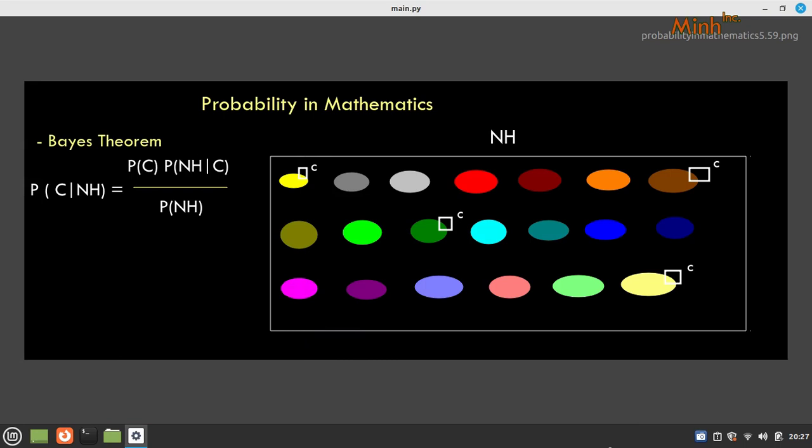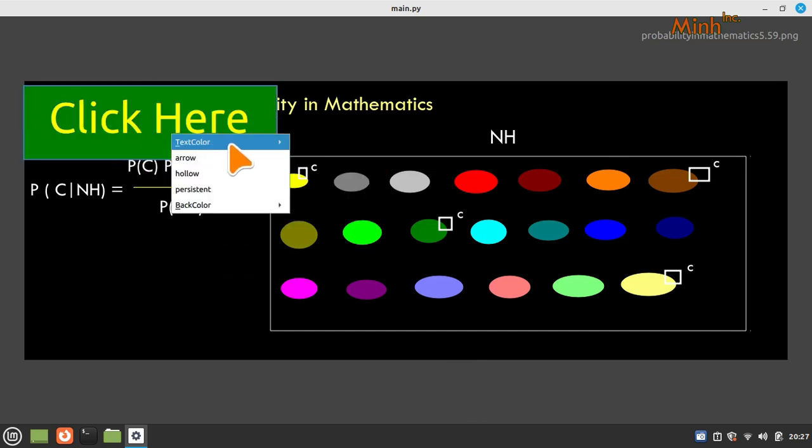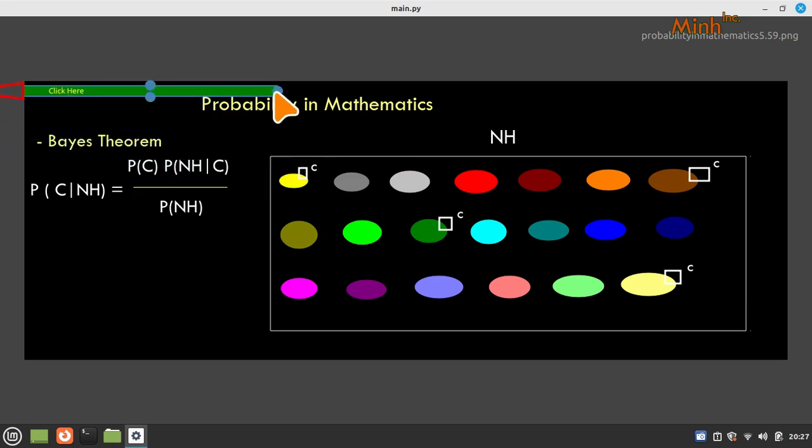So what is the problem in Bayes theorem? Whatever we have seen, Bayes theorem talks about two planes.